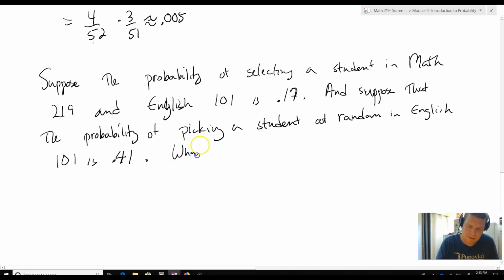What is the probability that we pick a student who is in Math 219 given that they're in English 101?